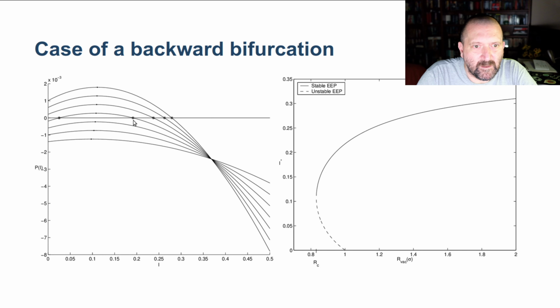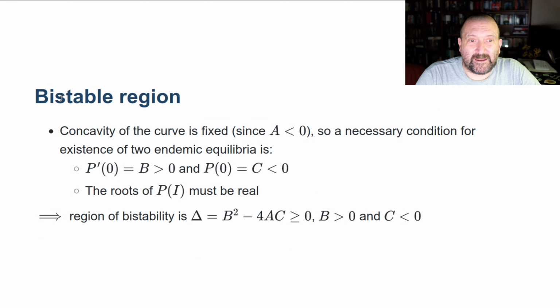And come that point where this curve here on the left goes over 0, then we once again have a single equilibrium. Okay. So this is quite different from what we saw before. And we're able to characterize what region this happens in.